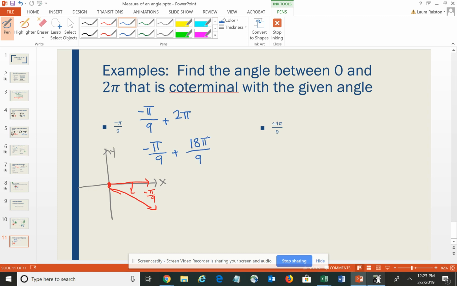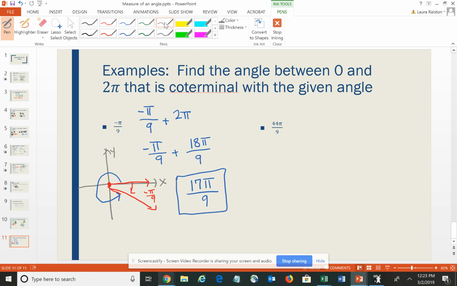Think about it: 2 pizzas, 9 slices each, gives me 18 slices. So I have negative 1 pi plus 18 pi ninths, which is going to give me positive 17 pi ninths. So if I had rotated in a positive direction, I would have the angle 17 pi ninths, which is between 0 and 2 pi. Again, that may not be as obvious to you, so you may want to think about that.